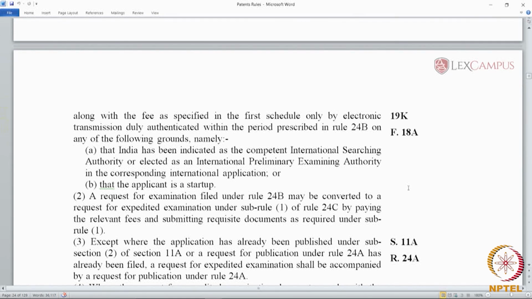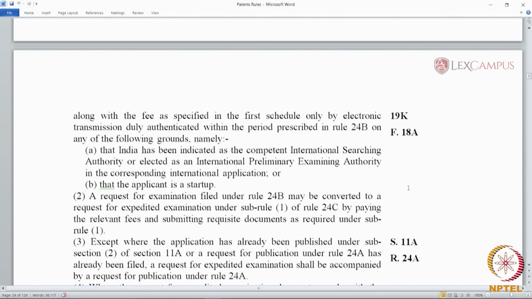Startups are entitled to fees at the same level as individuals. So this is a privilege that is given to startups. Startups will be treated on the same fee structure as individuals, that is natural persons. So natural persons and startups are now together grouped as one category for the purposes of levying fees.